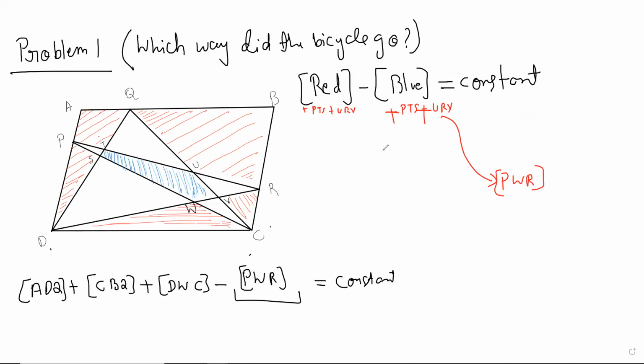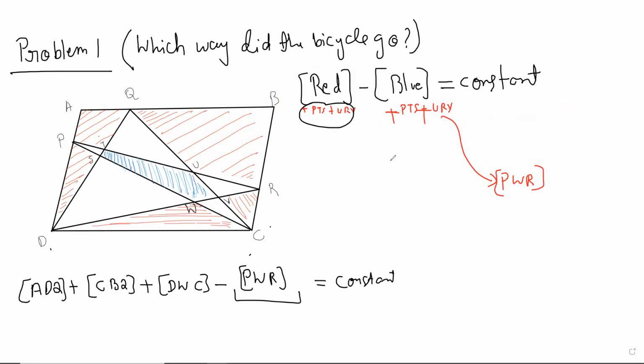Over this video, we have first added two small triangles to the left part. Then two triangles remain. But the difference should be constant, so we have to subtract them from the blue, or add them to the blue part also.